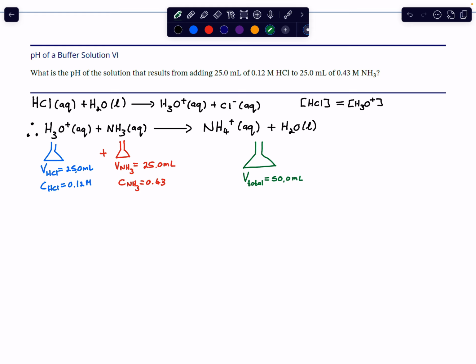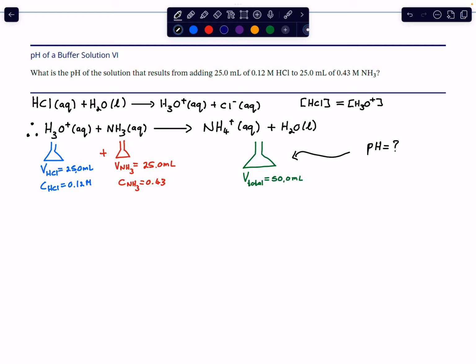And then there's ammonium that forms in a certain amount, and all of these things are in a final volume, which is 50 milliliter. All right, and only then can we start discussing what is the thing that's actually dictating the pH, because that is what we're interested in. We're interested in what is the pH of this final solution here.